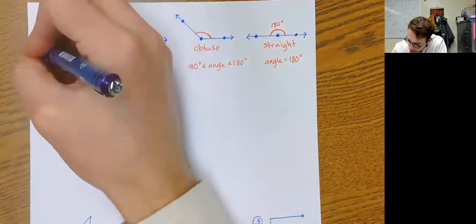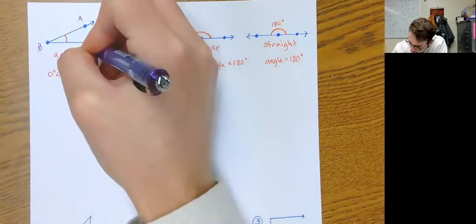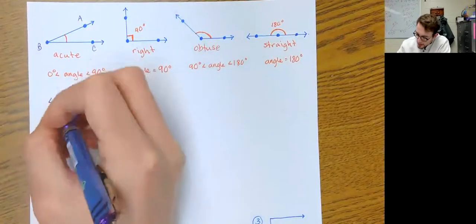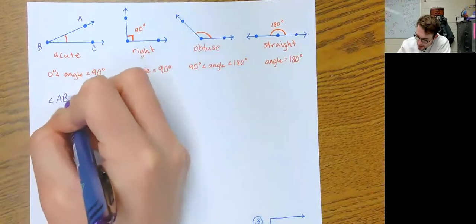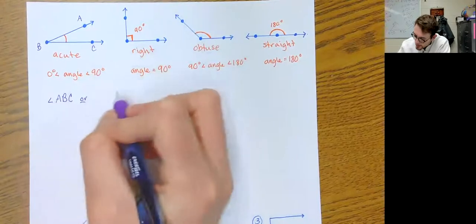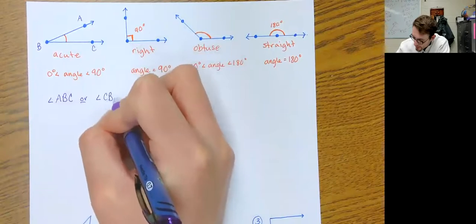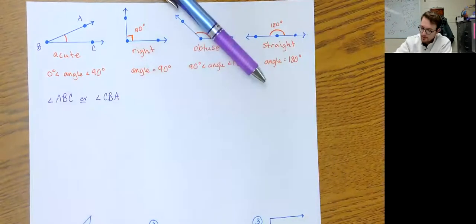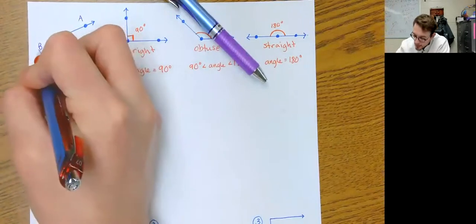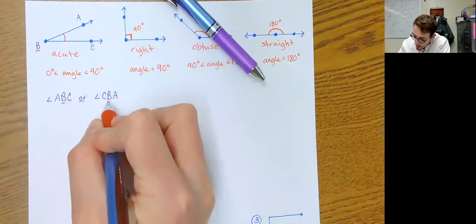So if I was to label this, let's say A, B, C, I would call this angle ABC, or I could call it angle CBA. Notice that when I name this angle, I put the vertex in the middle always.